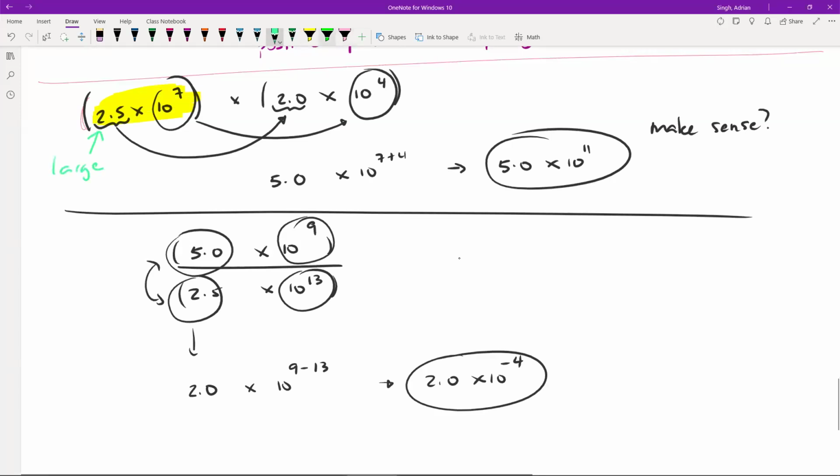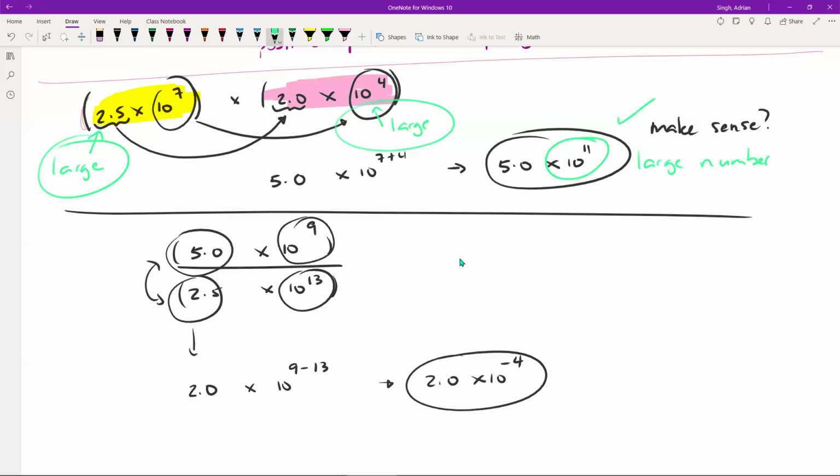And then I'm multiplying it by 2.0 times 10 to the 4th. That has a positive exponent. That is also a large number. Right? So if I multiply a big number by another big number, I should get a big number as well. Okay, and how do I tell? Well, I look at the exponent, positive value. So yes, this does make sense.